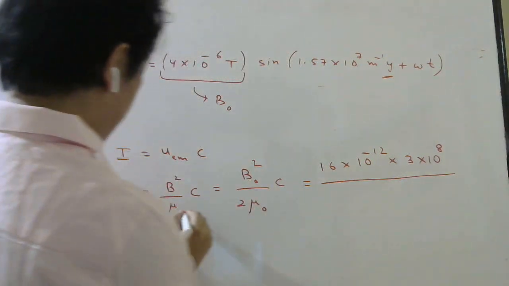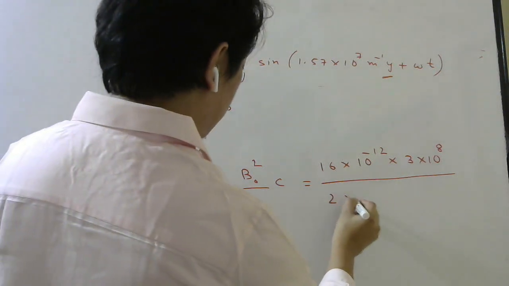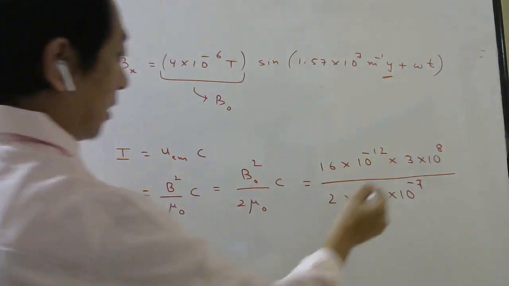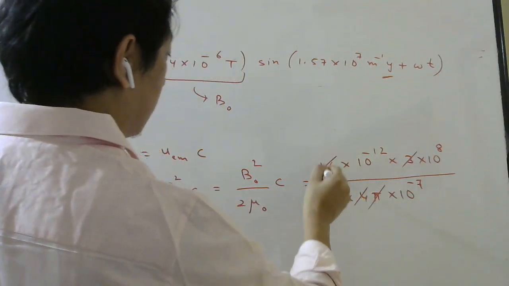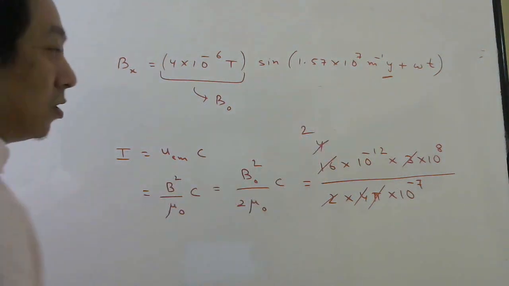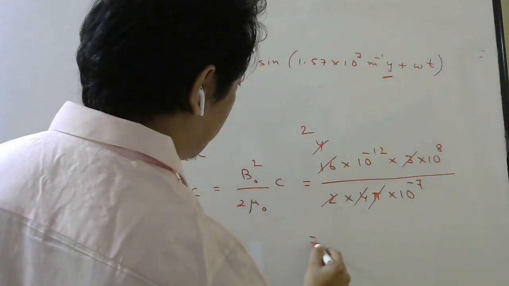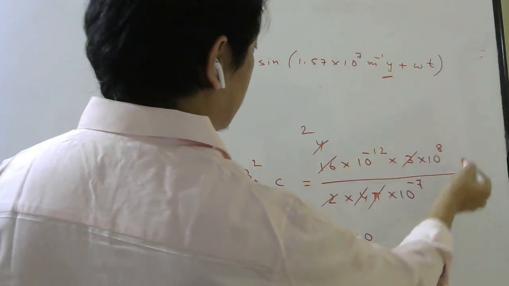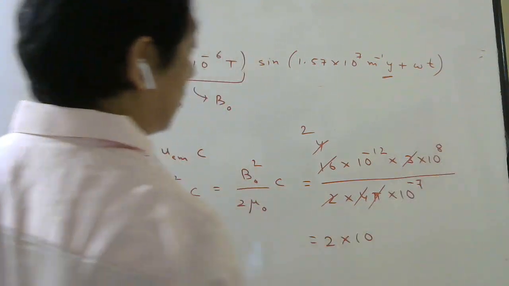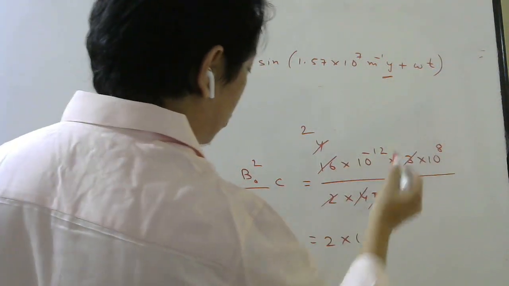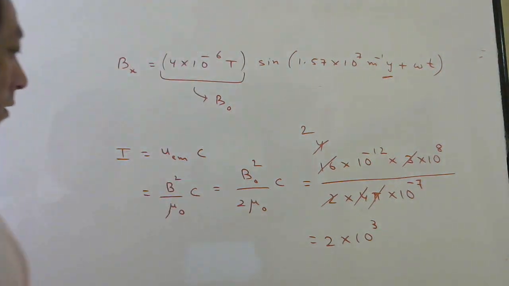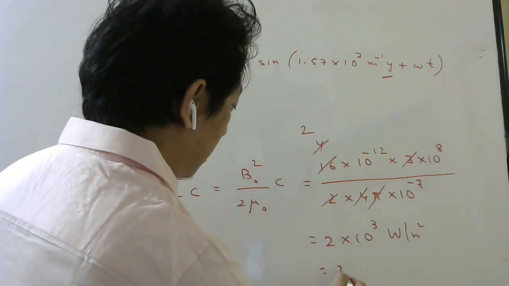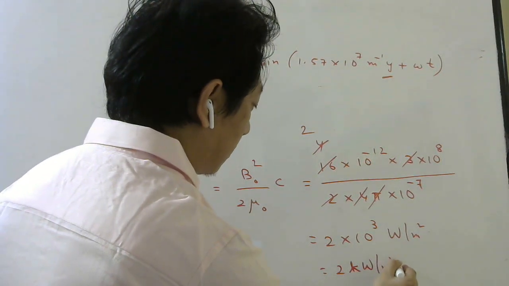It's mu naught, sorry, and the mu naught value is 4 pi into 10 power minus 7. I'll cancel this 3 with this pi. 4 4s are 16, 2 2s are 4. This simplifies my calculation a lot. So 2 into 10 power minus 7, if it goes up, plus 7 plus 8 will be plus 15, 15 minus 12 will be plus 3. So that much watt per meter square, which I can write as 2 kilowatt per meter square.